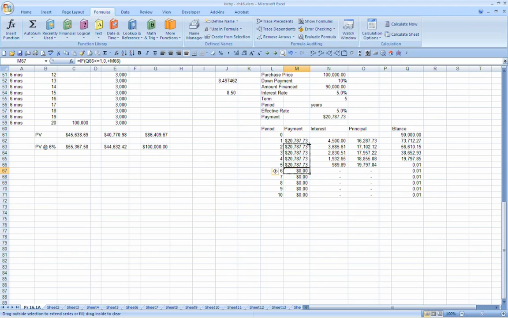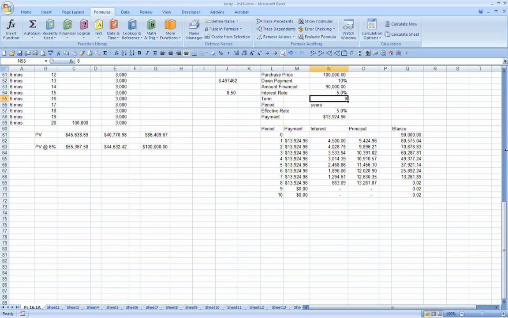And I'm going to copy that formula up, and I'm going to copy that formula down. So what I've done is I've said any rounding that's less than $1, go ahead and stop. So I ended up with a balance of a penny here. Otherwise it works fine.